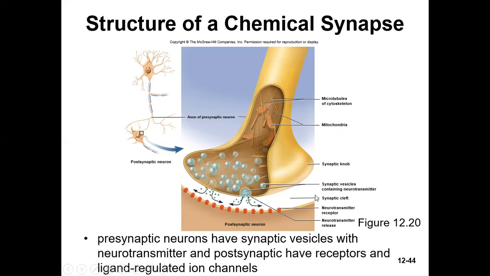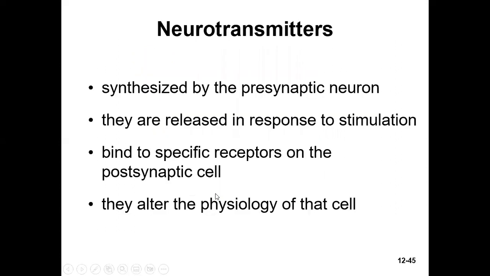So in this picture also, we see on the postsynaptic neuron, the receptors are indicated in red. And also we're going to have what's called a ligand regulated ion channel, so specific to a specific chemical.